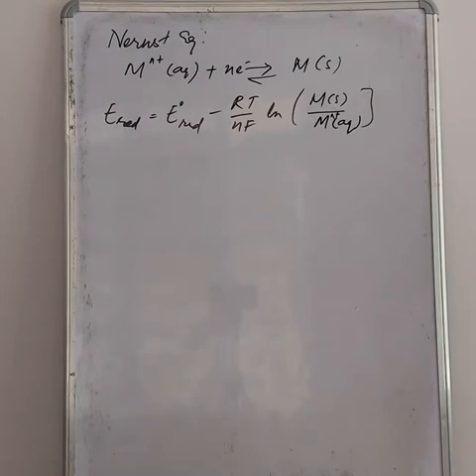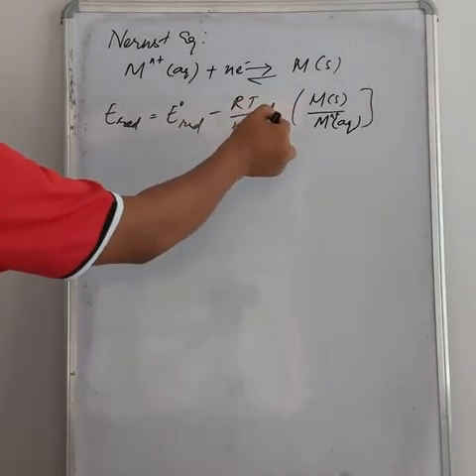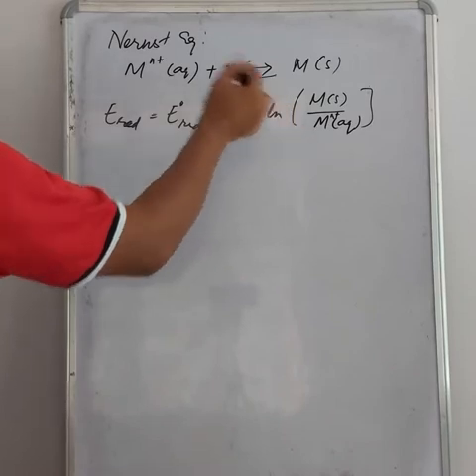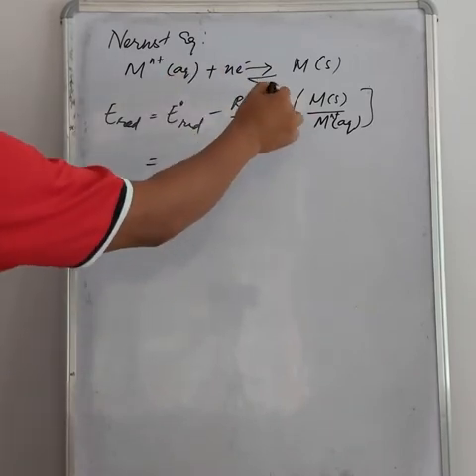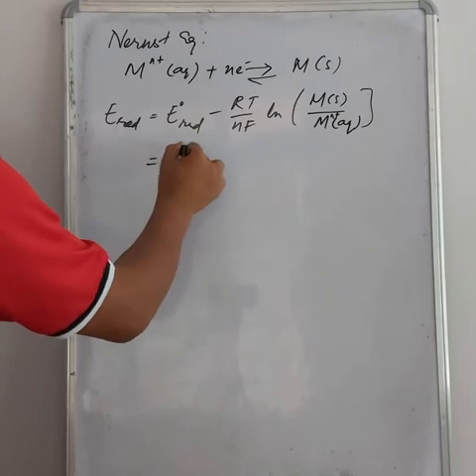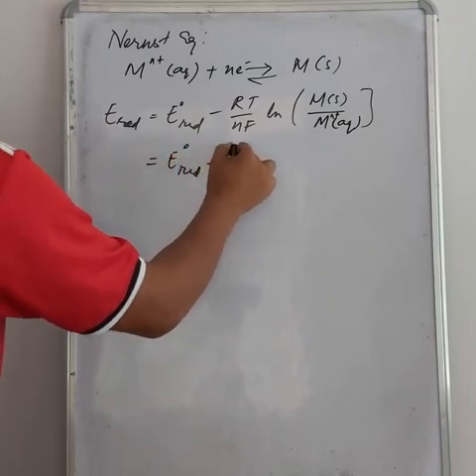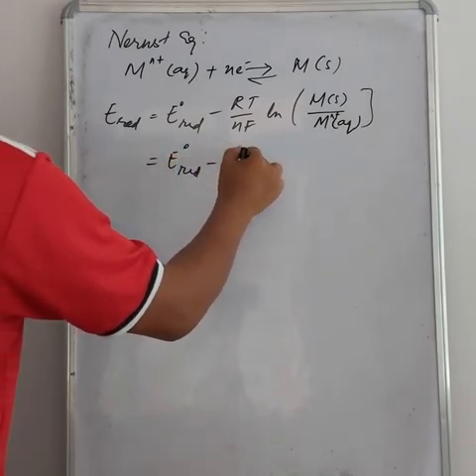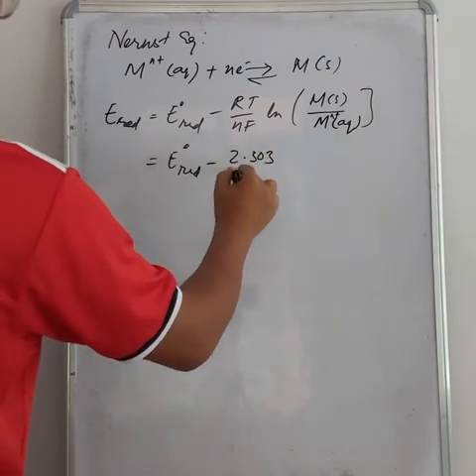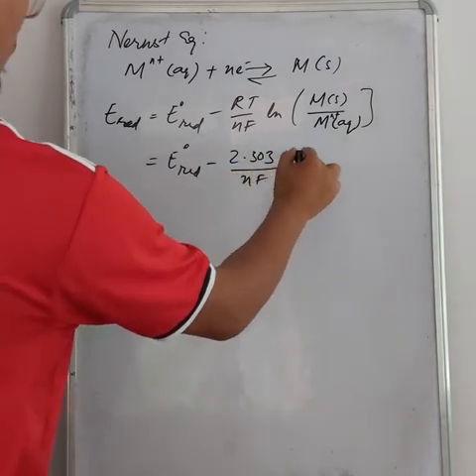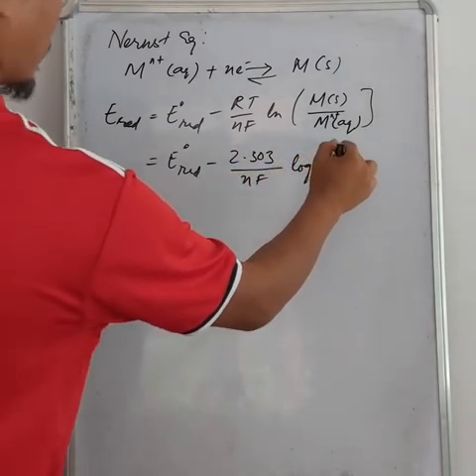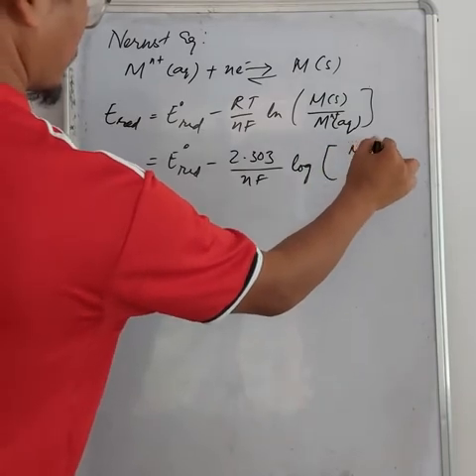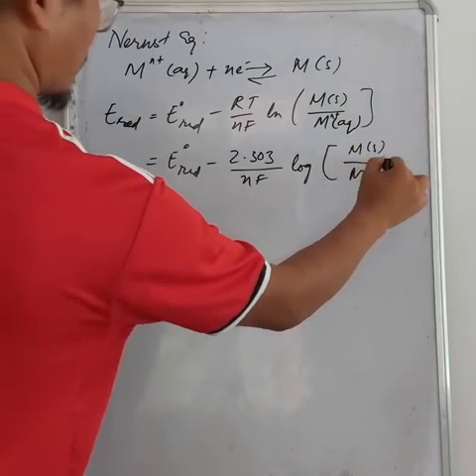So we can reduce this by changing this natural log to log to the base 10. Then we'll have 2.303 RT over nF log.